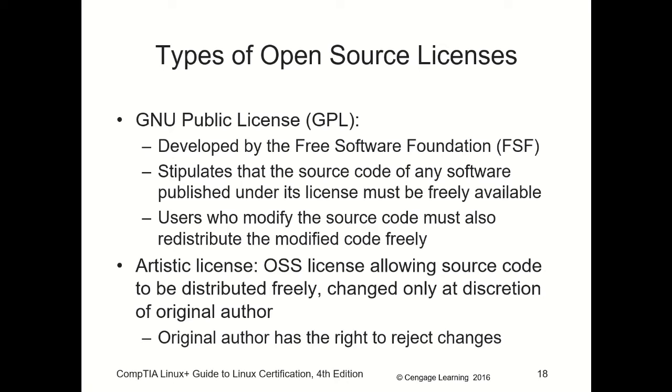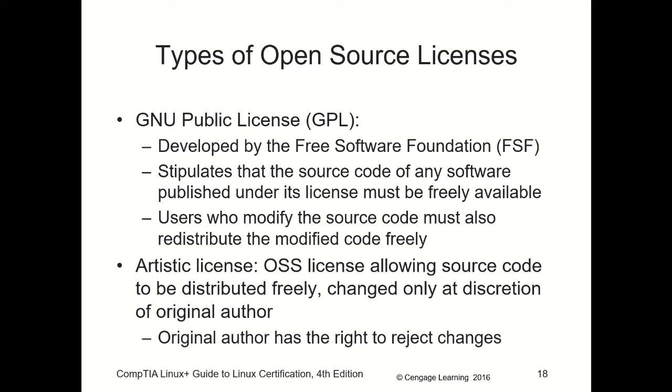So there can be multiple types of open source licenses. There is the GNU Public License, GPL. It was developed by the Free Software Foundation, or FSF. It stipulates that the source code of any software published under its license must be freely available.